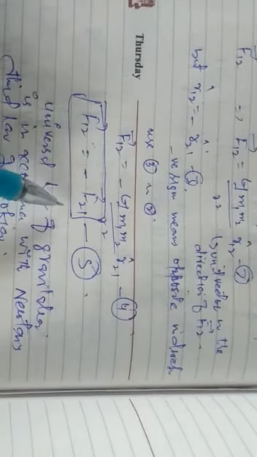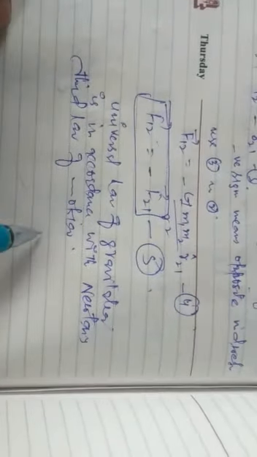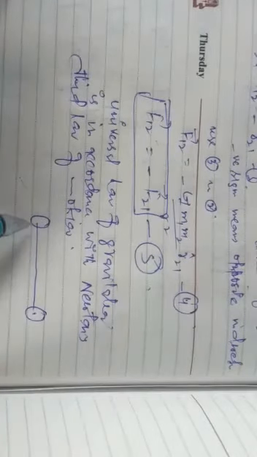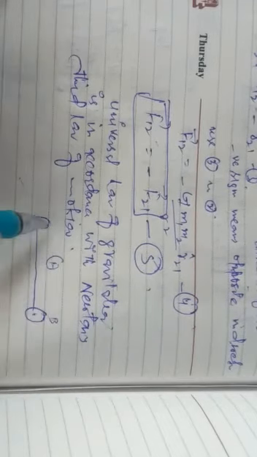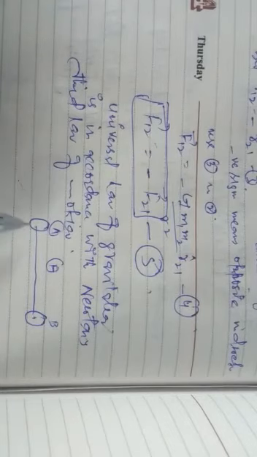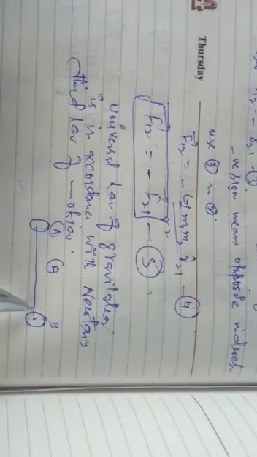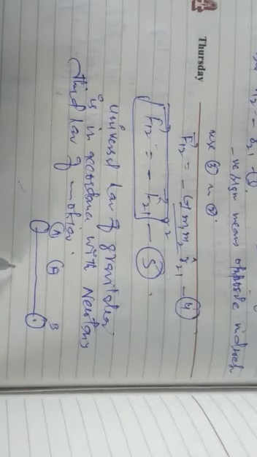That is, the two forces are equal but opposite in direction. I will explain a bit. If this is one body A and this is another body B, body B exerts a force of F on body A. At the same time, body A also exerts a force of F on body B. As a result, the two forces are equal but opposite in direction.